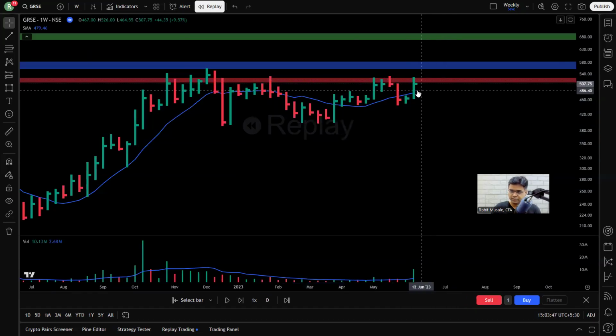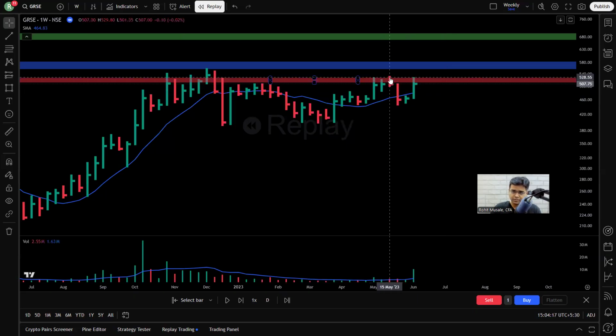That's it. As you can see, the price is below the stop loss range. So red color is the stop loss range, blue color is the pivot range, buying range, and the green color is the selling range or the target range. The price is below the stop loss range, that is not a problem. As long as the price is between the pivot point and the blue line, which is the 10-week simple moving average, we don't have a problem, right?